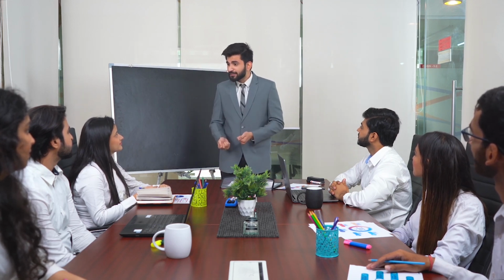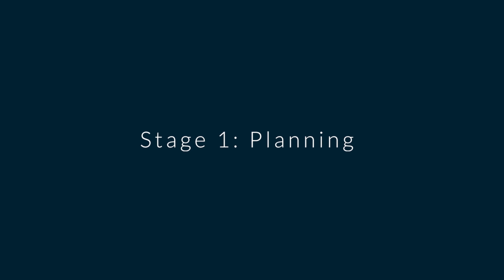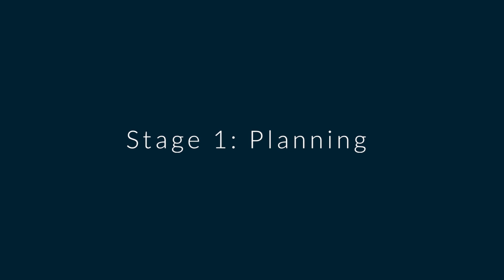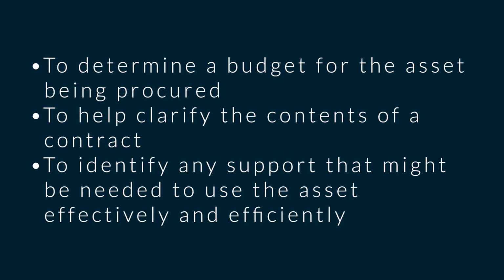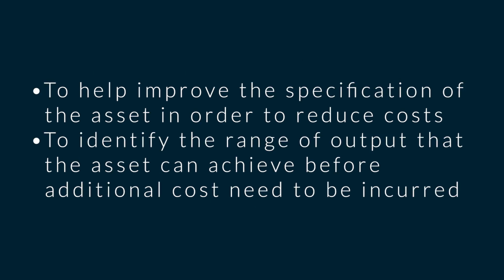So in this case, stage 1 will be the planning. And at this stage, you need to be clear about your objectives, which could include things like determine a budget for the asset being produced, to help clarify the contents of a contract, to identify any support that might be needed to use the asset effectively and efficiently, to help improve the specification of the asset in order to reduce cost, as well as to identify the range of output that the asset can achieve before additional costs need to be incurred.